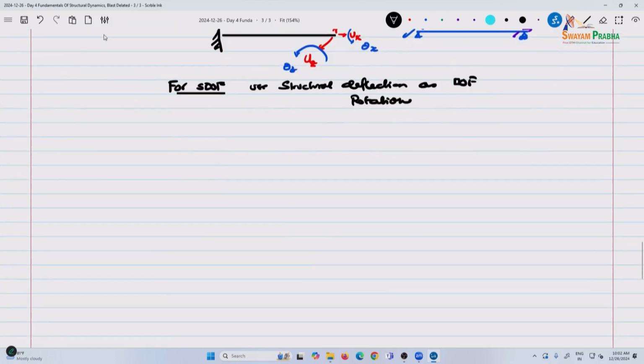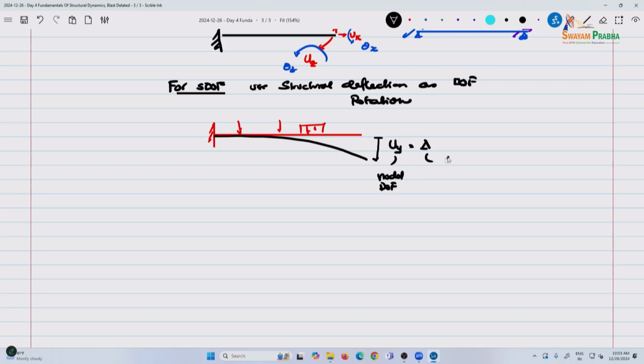So in this case, you have a cantilever, and we'll see different types of loading. Although you're still considering a nodal degree of freedom here, this could be thought of as uy, say this is also delta. So this is a nodal DOF, but it also corresponds to a structural DOF.